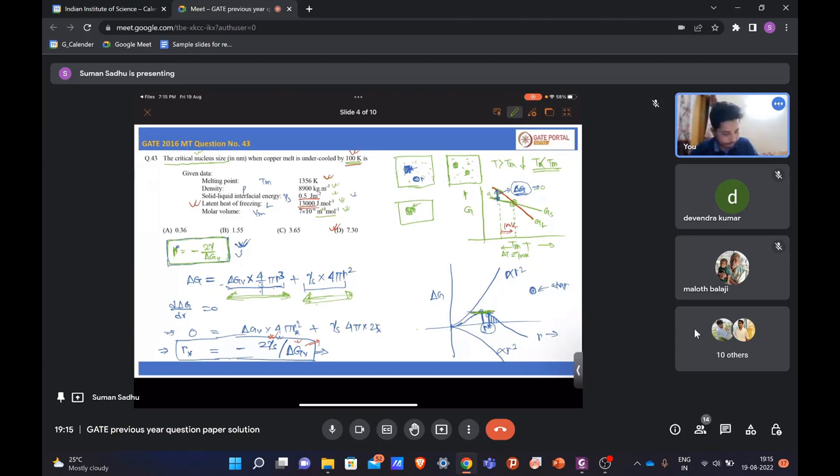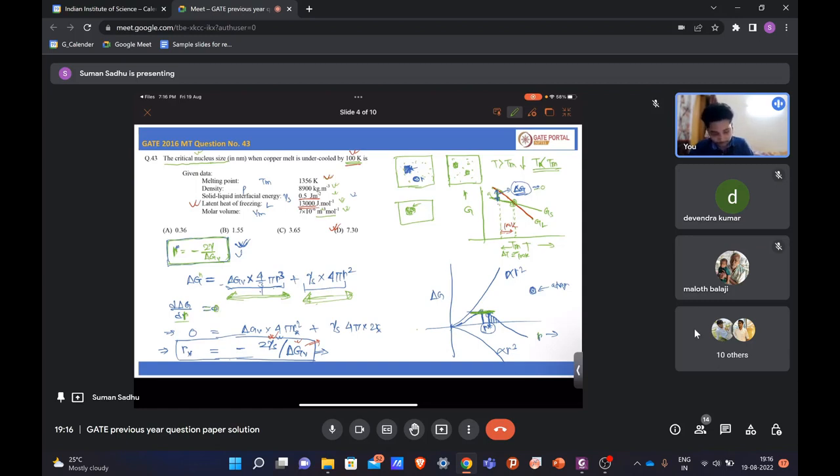So that's why this is the maximum point in this curve. So now if you differentiate this delta Gn, d of delta G by dr, at the maximum point it will be 0, right?